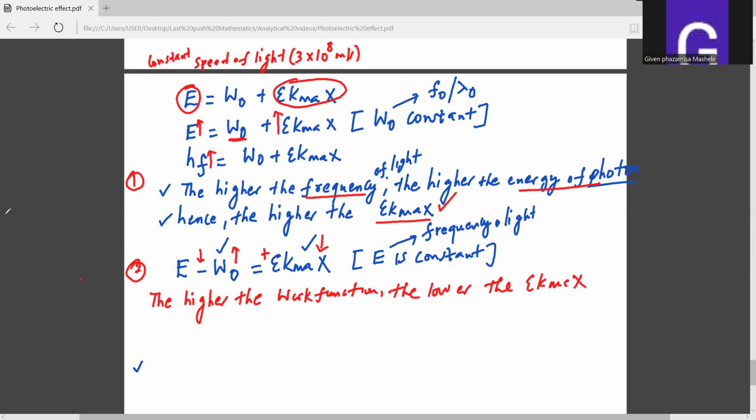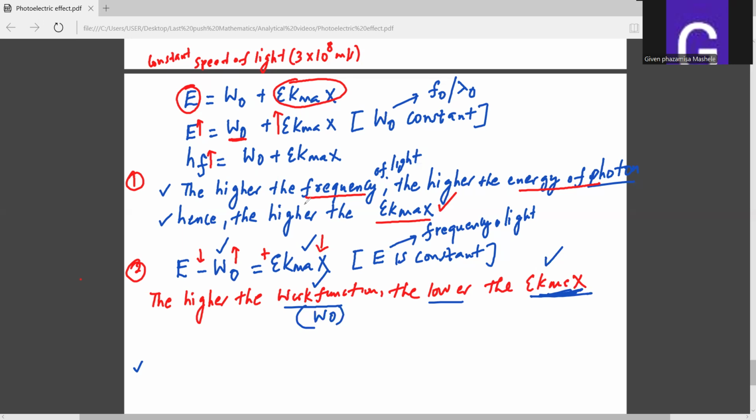Work function and EK maximum are inversely proportional. I believe you guys are following. You need to be able to know these conditions when you are analyzing questions.